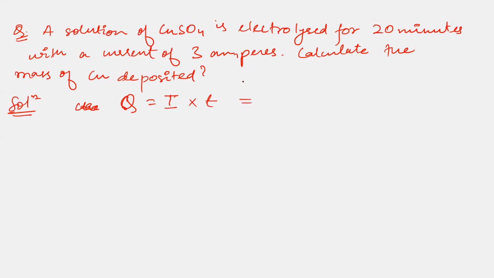I is 3 ampere, into 20 minutes, which is 20 into 60, so 1,200 seconds. 1,200 into 3 is 3,600 coulombs.